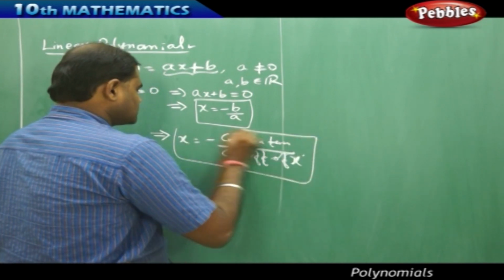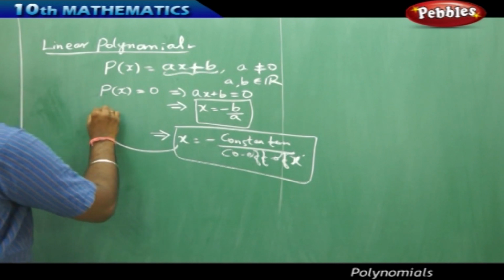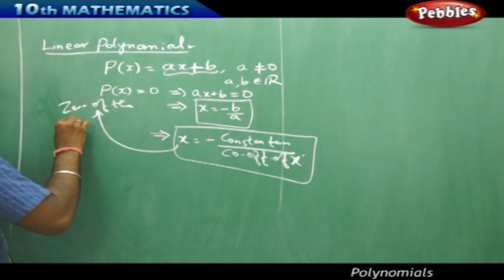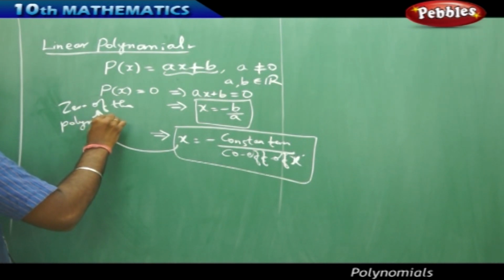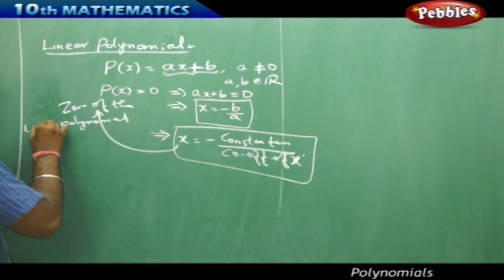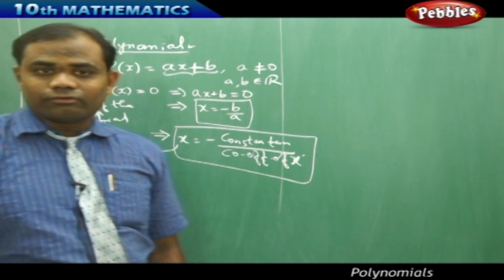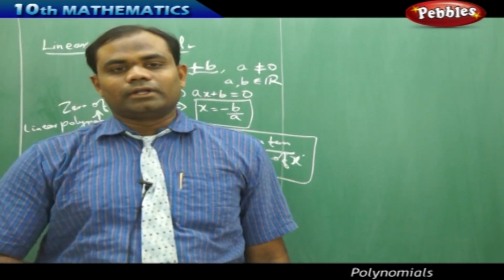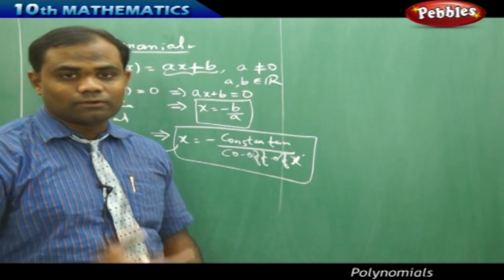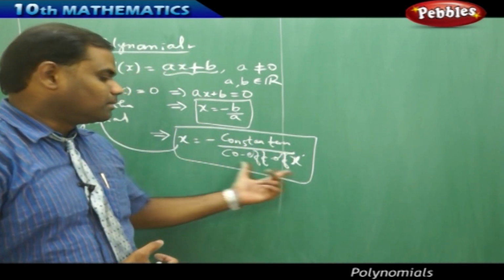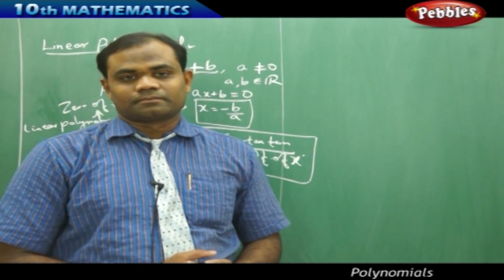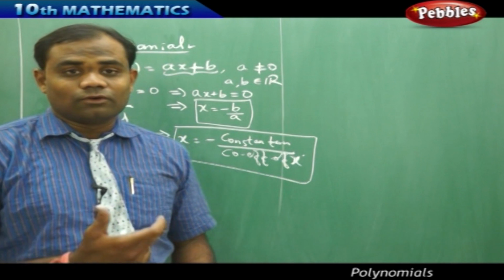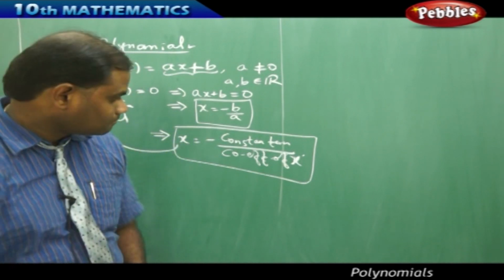The zero of the linear polynomial is negative b over a, or negative times the constant term divided by the coefficient of x of the linear expression as given there, is how we understand the linear polynomial.